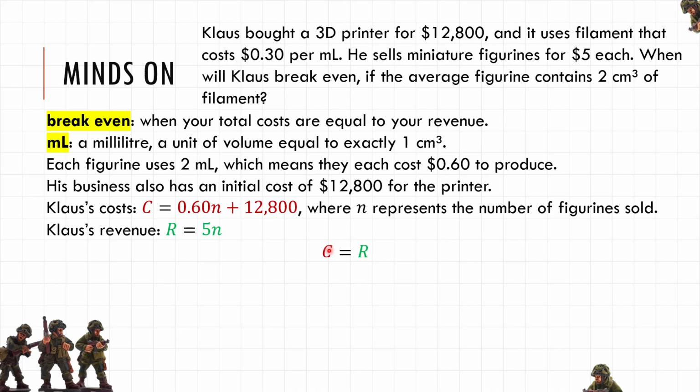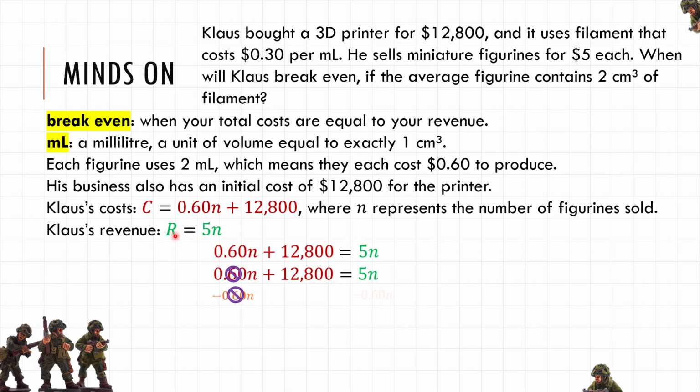Well, at this point, we can recognize that his costs are represented by this equation here, 0.60n plus 12,800, and his revenue can be represented by 5n. Now all we have to do is isolate n to find out how many figurine sales it would take for him to reach this break-even point where C is equal to R.